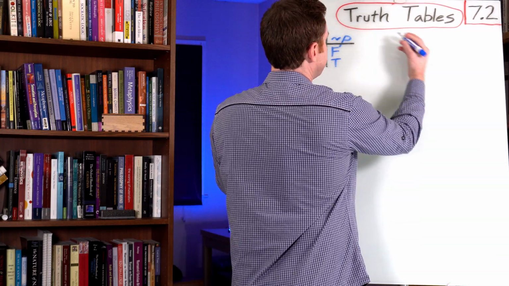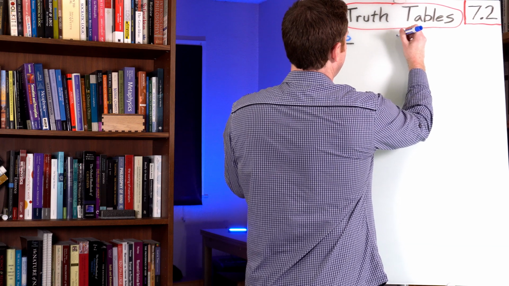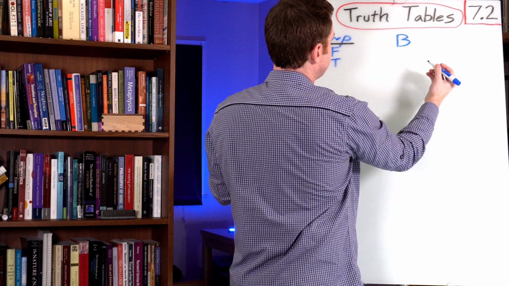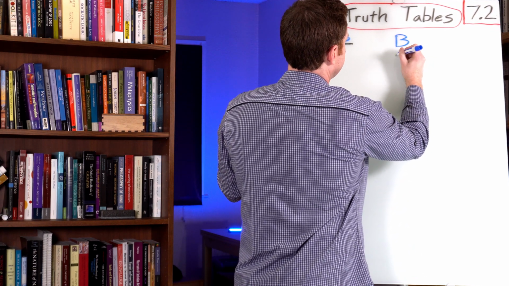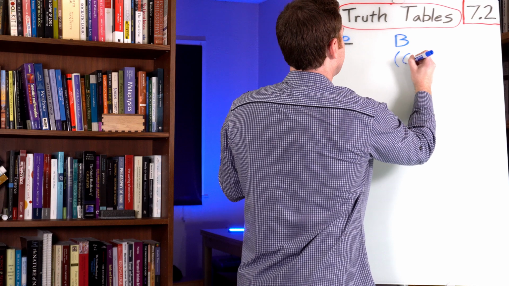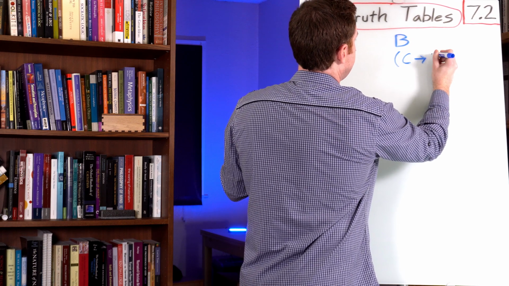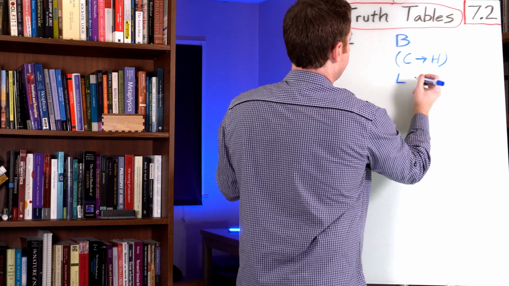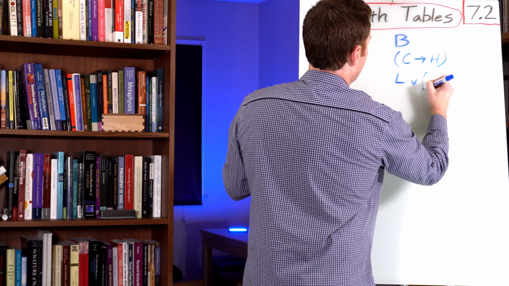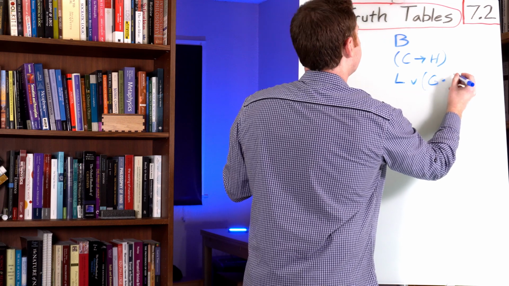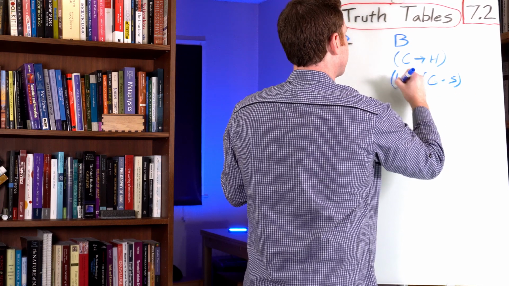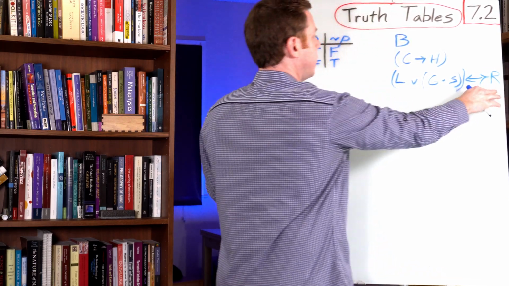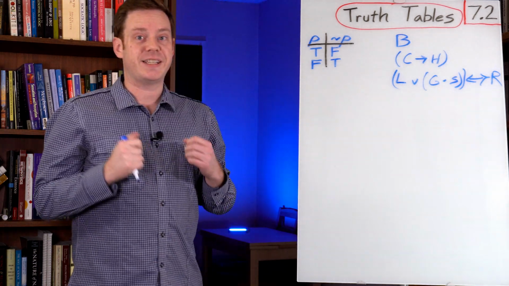So P as a variable, say it could stand for the atomic statement B. P could stand for the compound statement, say if C then H. It could stand for a very complex statement, L or G and S, only if R. That's a whole long compound statement.